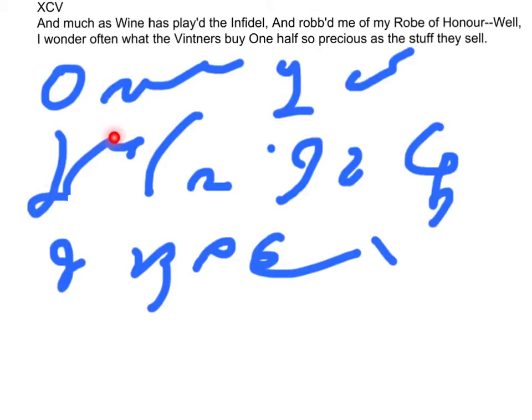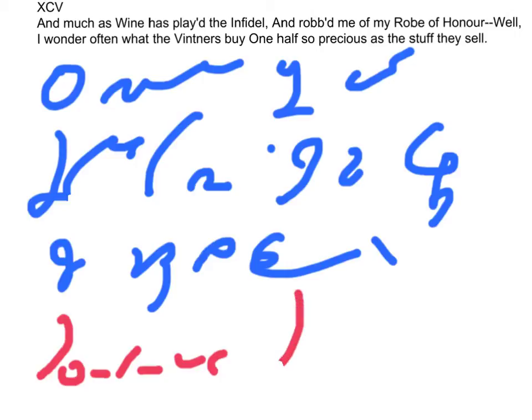You could write this, since you have a combination of N, TN, you could write it in a different manner. Let me write it at the bottom here. VENTNRS. Well, if you wanted to, I suppose you could write it like this. Vintners. I don't know which one's faster, honestly. I think the first one is.